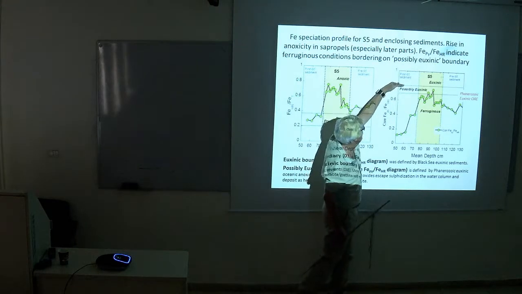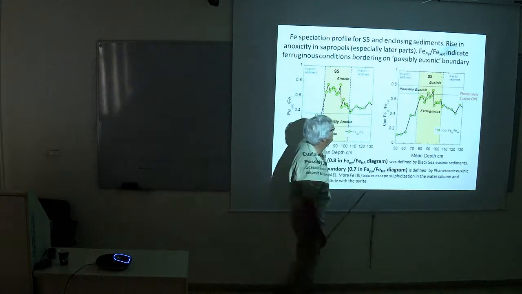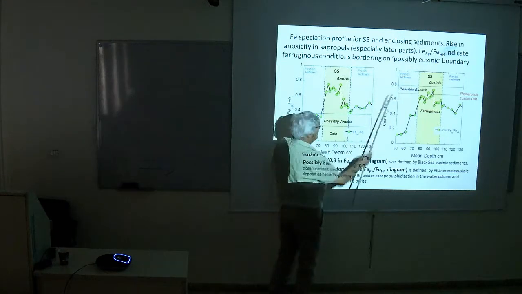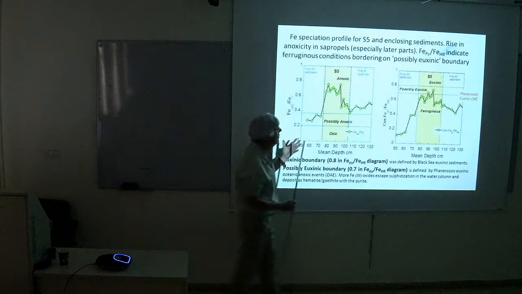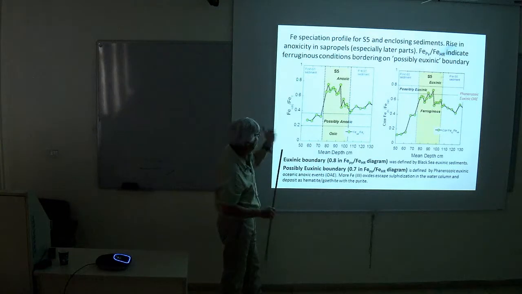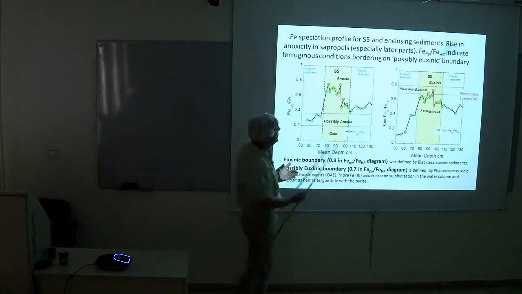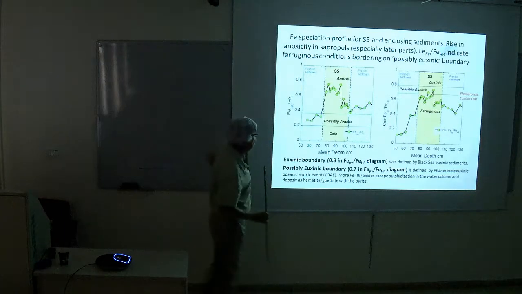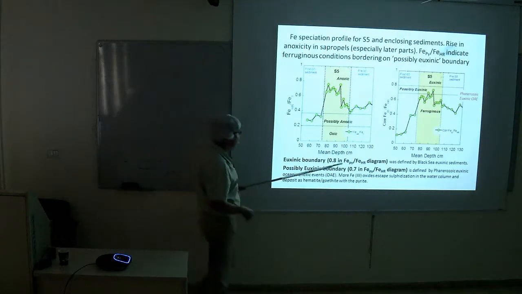All this is, of course, relative to the boundary defined by the Black Sea. In the Black Sea, the sulfidization of iron oxide is on the highly reactive iron. It's very powerful. The boundary is up here. When you start looking at the real oceanic anoxic events, it's lower.